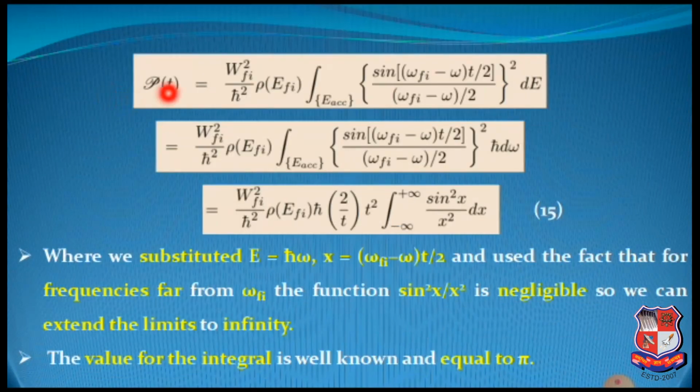So rho(t) is equal to |Wfi|² upon h cut squared times rho(E fi) times the integration over E' of sine squared of (omega fi minus omega) t by 2 divided by ((omega fi minus omega) by 2) squared dE, that is equal to |Wfi|² upon h cut squared rho(E fi) times the integration over the accurate energy of the same function.